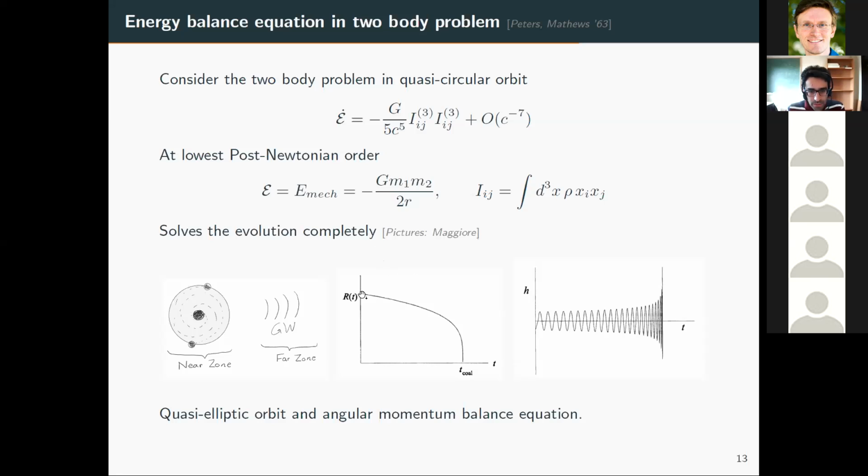So you can find exactly the orbit, the radius of the system in time, to this order of precision, and then you can also accordingly find the waveform that is generated by this system, and you see that this is already some approximation of what we see in LIGO. So this is a concrete example of using balance equations for radiating systems.